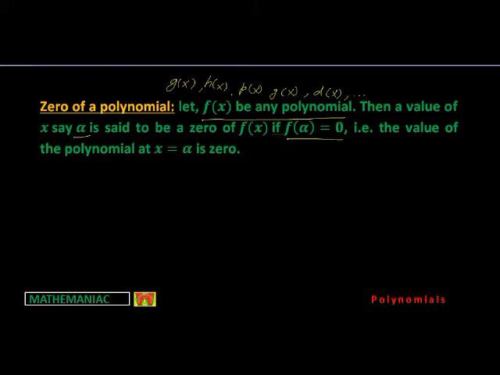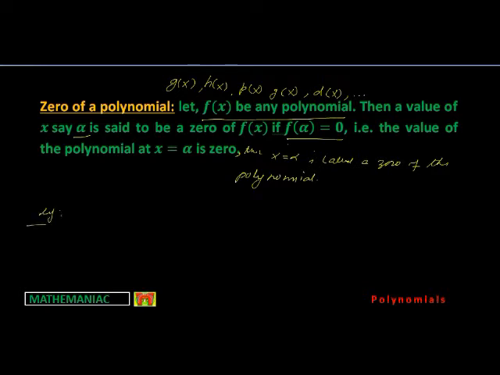Then the value of the polynomial at x = alpha is 0, so x = alpha is called a zero of the polynomial. So that is to be understood.